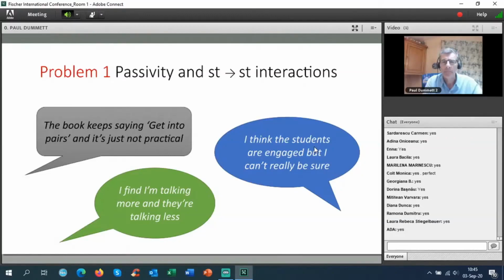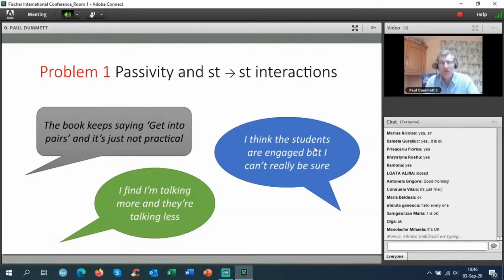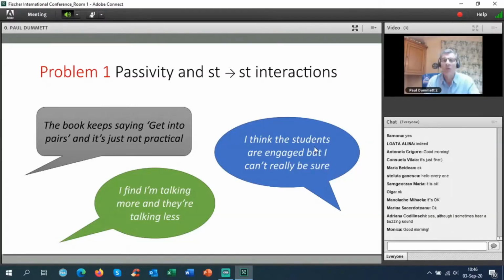So the first issue I wanted to highlight was the question of passivity and student-to-student interactions. We're faced with this problem that the normal classroom interactions, what we do very often with pair work, priming students for another activity, become much more difficult to engineer.